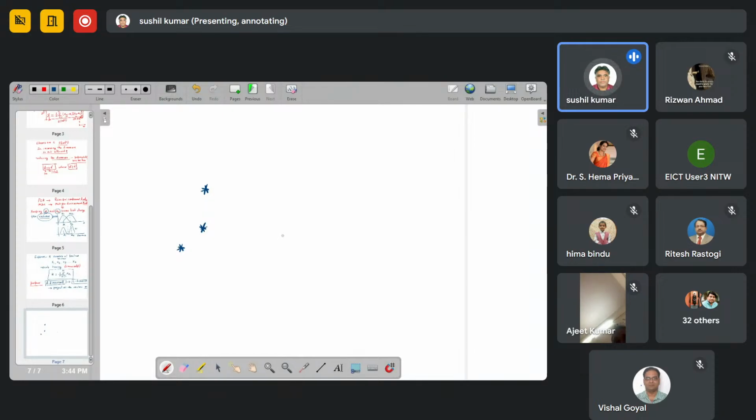I have some vectors like this, and I have a line in between. This is what you have computed actually; we have done this computation. The direction of this line is e, and this is the mean m here.